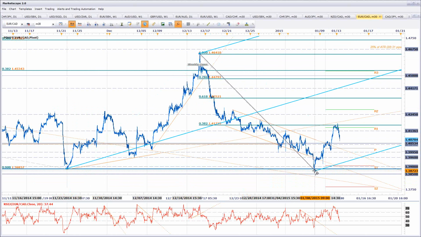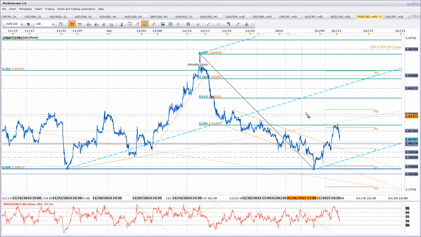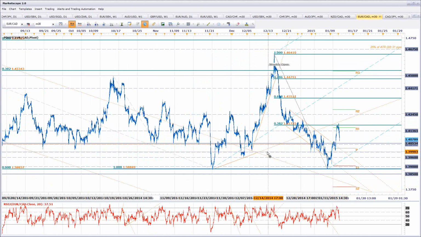This could be the slope that you're working with. It's too early to tell, so I'm going to go ahead and put this as a dashed median line for now.